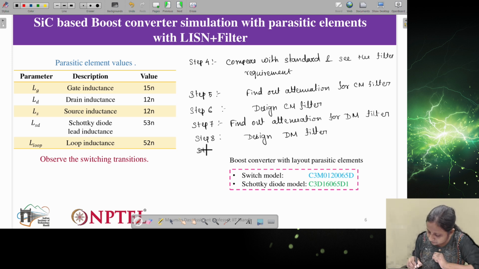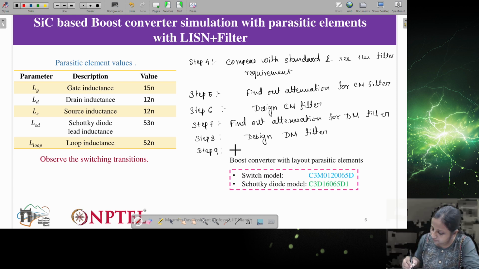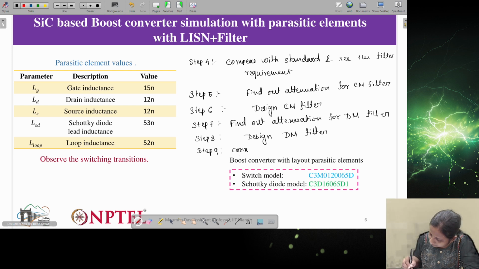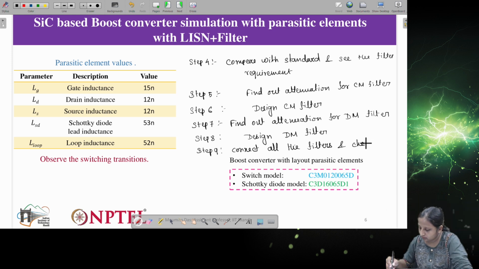Step 9, connect all the filters in the network and check with the standard.